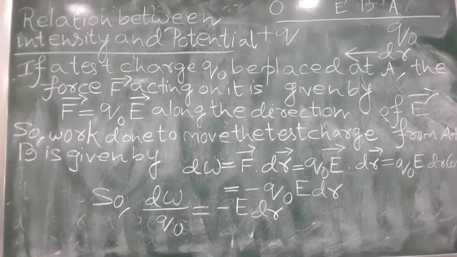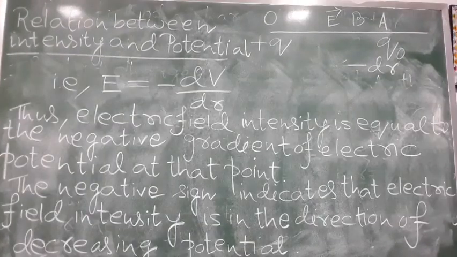So dW by Q naught becomes equal to minus E dr, that is equal to minus dV. Thus, E equals minus dV by dr: electric field intensity is equal to the negative gradient of electric potential at that point. The negative sign indicates that electric field intensity is in the direction of decreasing potential.